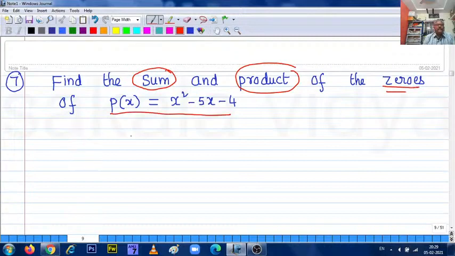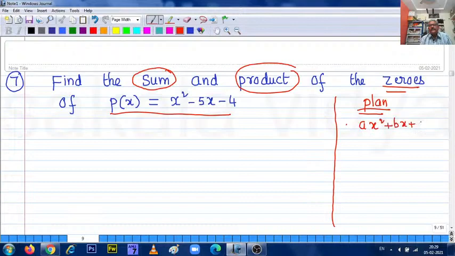First, how to find it, I will explain here. Let us make a plan like this. First compare this polynomial with ax square plus bx plus c. The a value is the coefficient of x square, that is 1. The b value is minus 5.